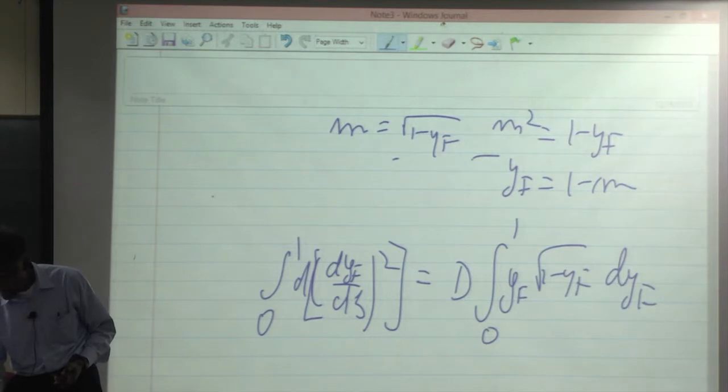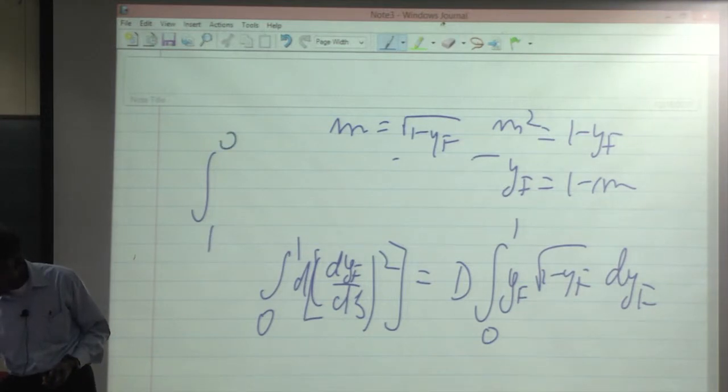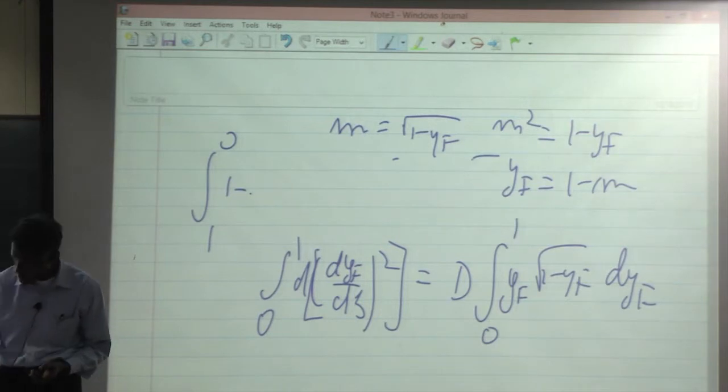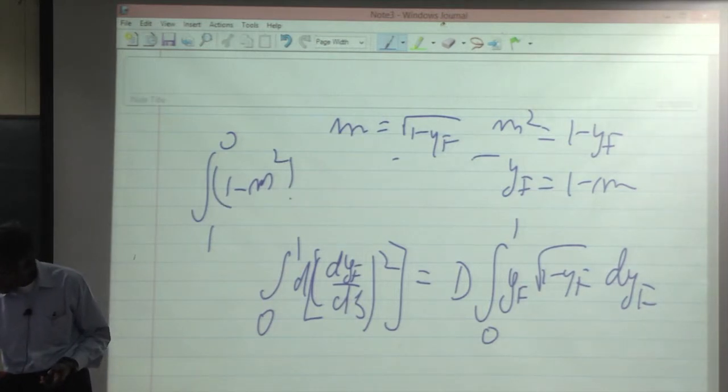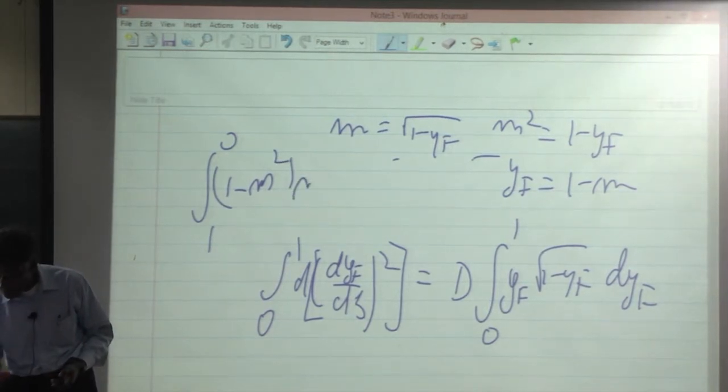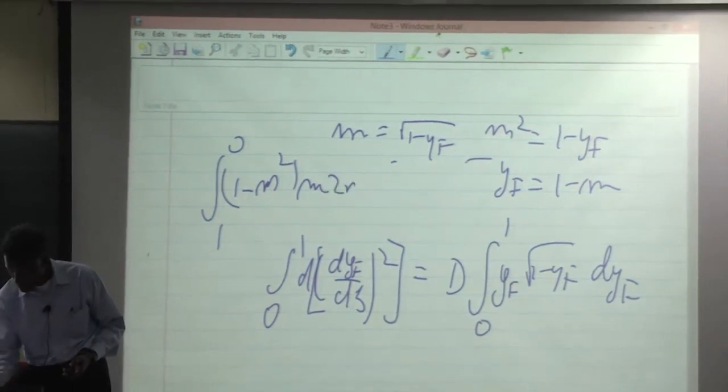This integral can then be written with limits from 1 to 0, yF is 1 minus m squared, and then you have 1 minus m squared times m times 2m dm.